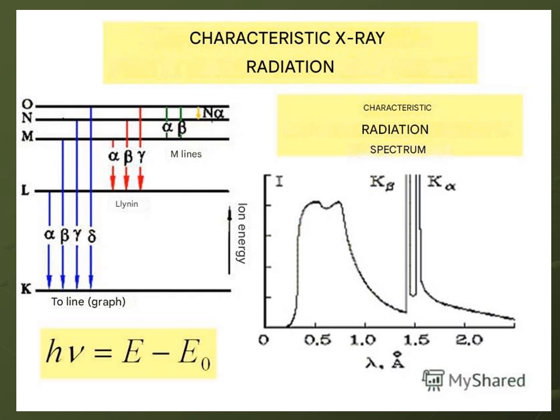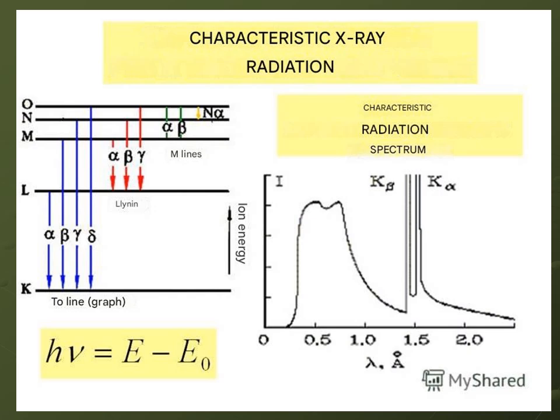This releases energy in the form of a photon of X-ray radiation. In other words, this is the mechanism of the occurrence of X-ray radiation. The spectral lines of the characteristic radiation will consist of a series of K-alpha, K-beta and so on, depending on which orbitals quantum transitions occur between.